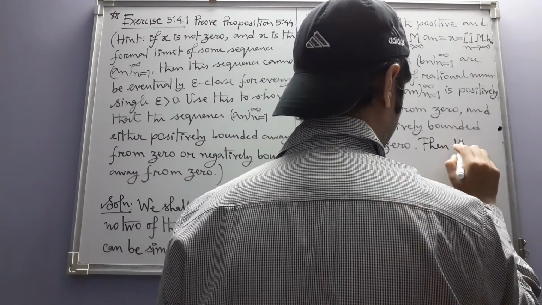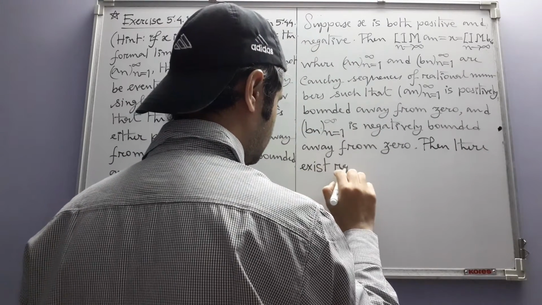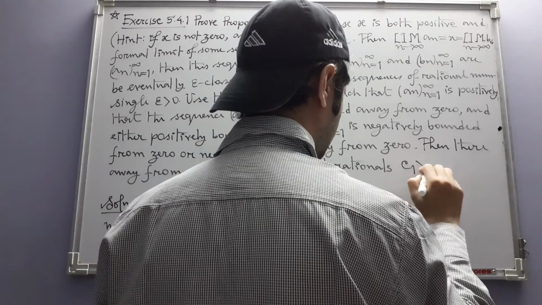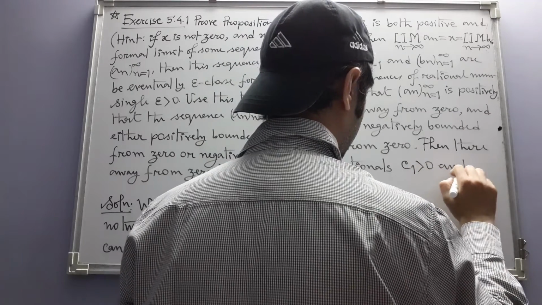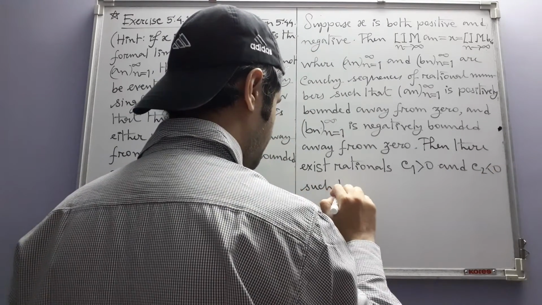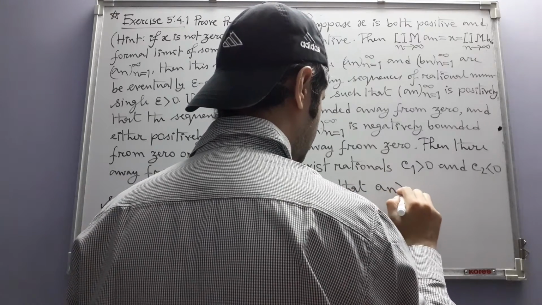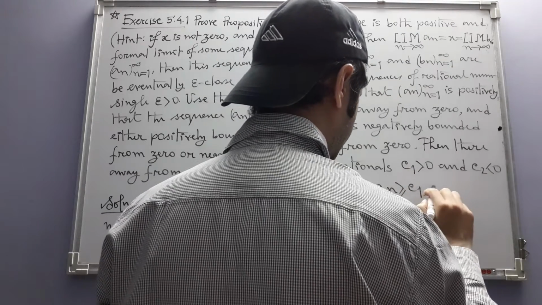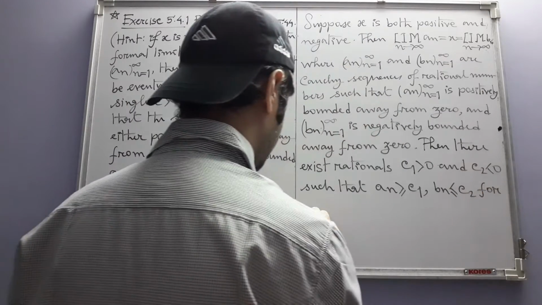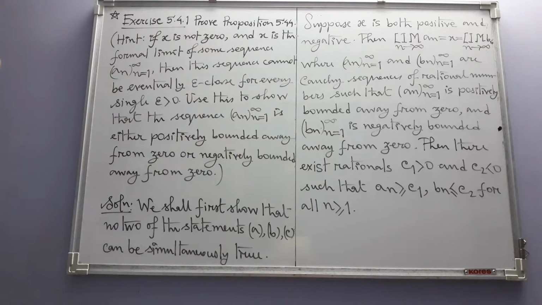Then there exist rationals c1 greater than 0 and c2 less than 0 such that an is greater than or equal to c1 and bn is less than or equal to c2 for all n greater than or equal to 1. Okay.